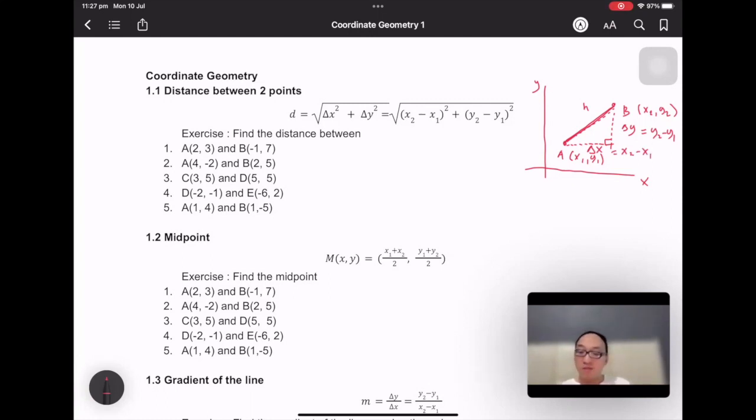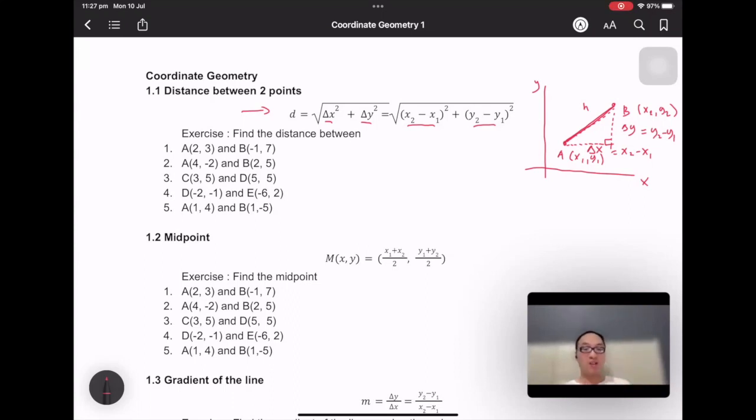Therefore, the length of the hypotenuse is found using the Pythagorean theorem: the square root of delta x squared plus delta y squared, where delta x is x2 minus x1, and delta y is y2 minus y1. So this is the formula for the distance between two points.